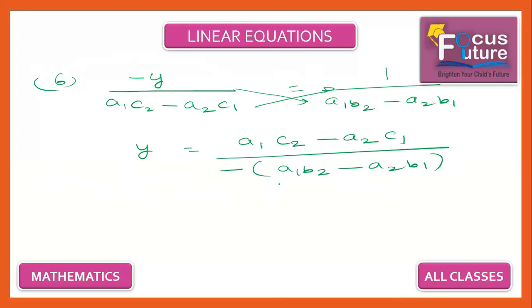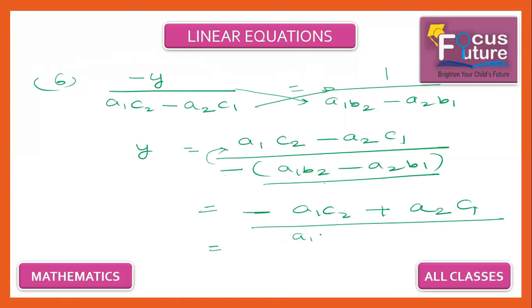So you have to change the numerator. If you take the minus inside, it would be minus a1 c2 plus a2 c1, divided by a1 b2 minus a2 b1.